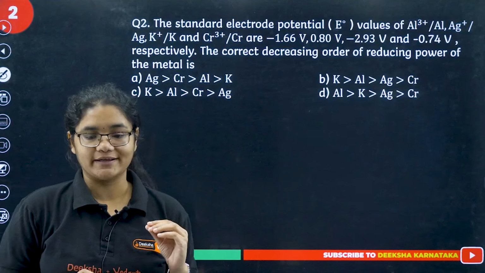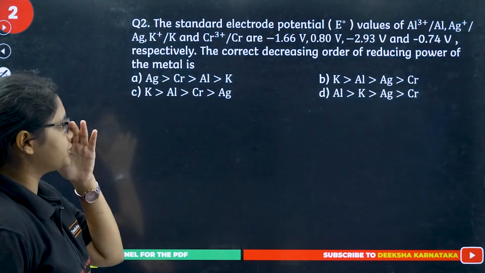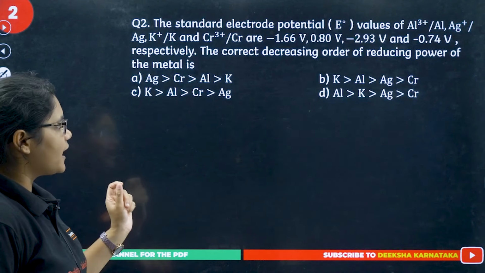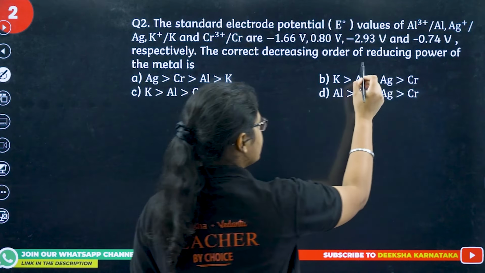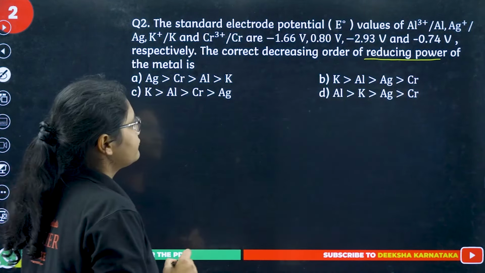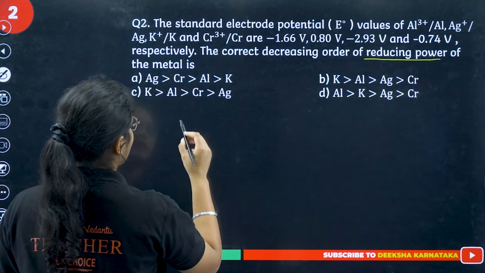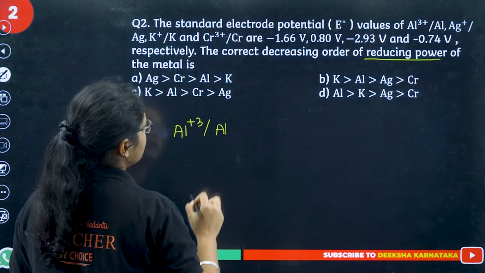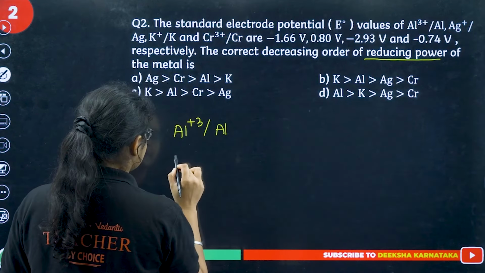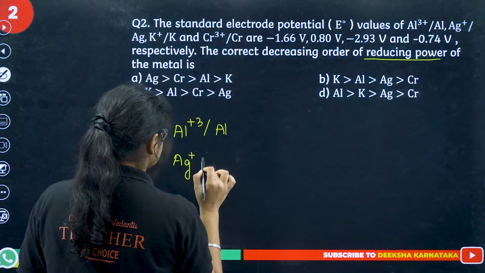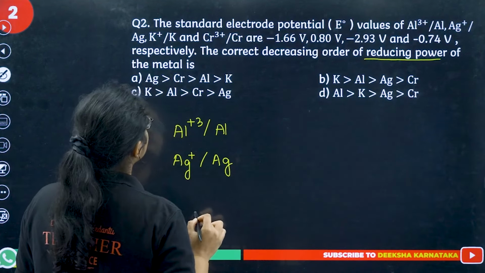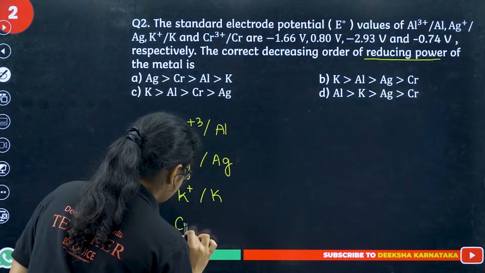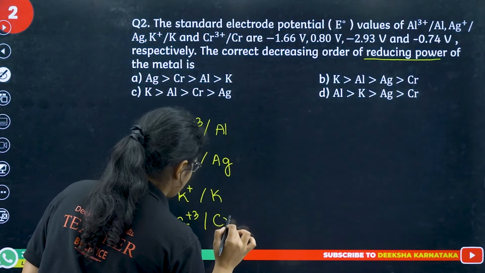Let us see the next question. The standard electrode potential E0 values of aluminium, silver, potassium and chromium are given. The correct decreasing order of reducing power of the metal is? First let us write down all these values. We have Al3+ to Al, Ag+ to Ag, K+ to K, and Cr3+ to Cr.